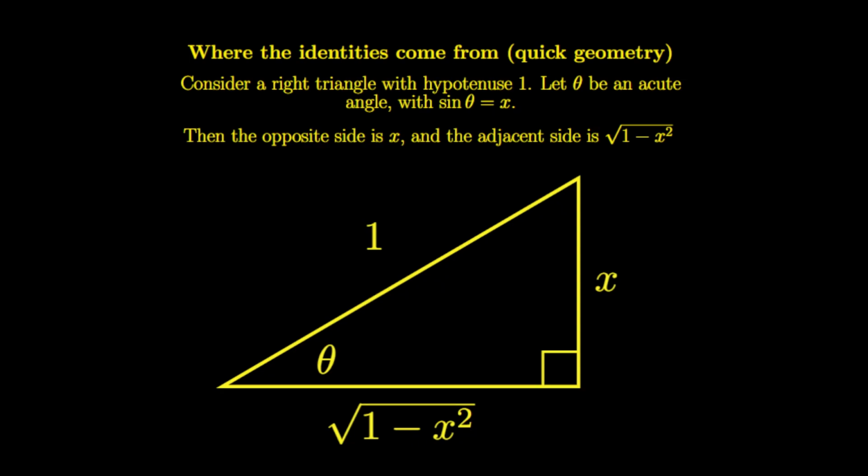And we can see that if we were to apply Pythagoras to both the x value and the root of 1 minus x squared, if we square this, we're going to end up with the value of x squared. And if we square this, we're going to end up with a value of plus 1 minus x squared.